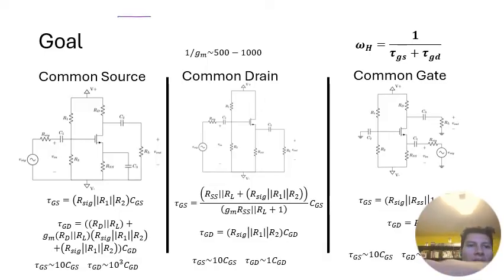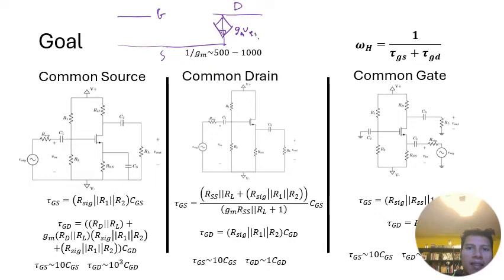Remember that our model was: this is the gate, this is the source, and then you have your drain, and you always draw a current source pointing from the drain to the source, Gm VGS. We had a capacitance between the gate and the drain, and the gate and the source, so we call them CGS and CGD.